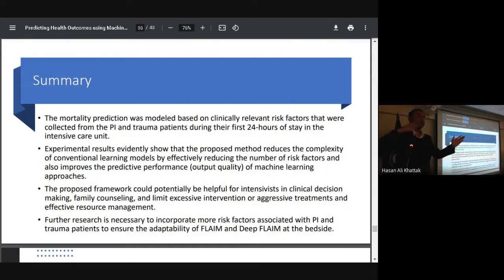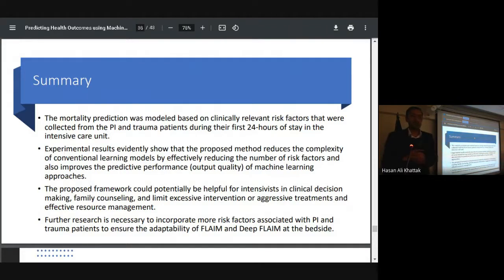For example, if a patient is going to die or has severe injuries, how can a doctor communicate better or earlier with the family, and limit excessive intervention and aggressive treatment, like overuse of MRI, or other consequences. We are still working on that.